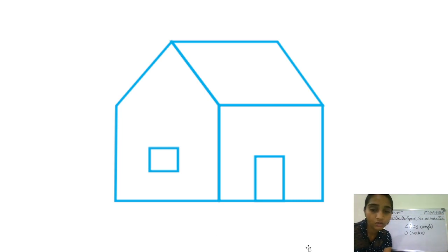You can draw this house in your notebooks also and try to mark the angles which are visible. Just now, what we have discussed and I have written on the board, a few of the angles I will mark for you, and the rest you can find where two lines meet, or the two rays meet.